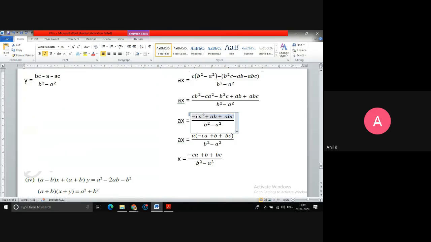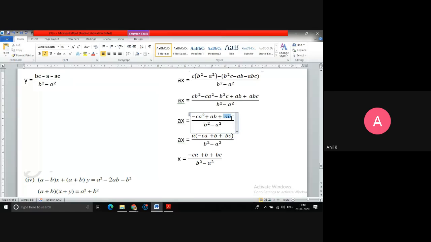Now if you observe all the three terms in the numerator, you can take a common from every term. Here a is there, here also a is there, here also a is there. So take a common. What do you get? Out of a square, one a is going out, so one more a will be left. This is minus ca, so minus ca. Out of ab, a is taken out, so b will be left.